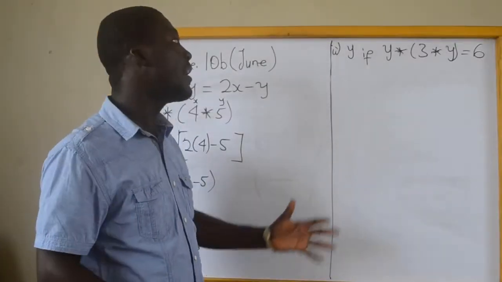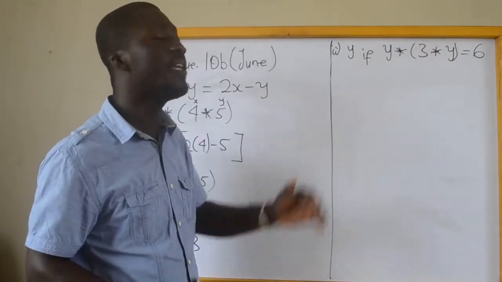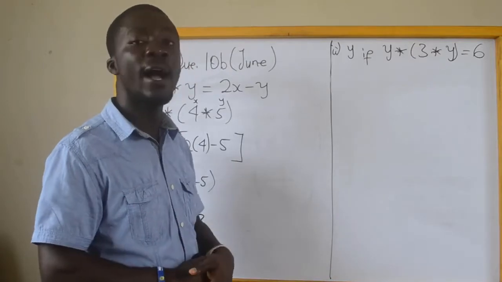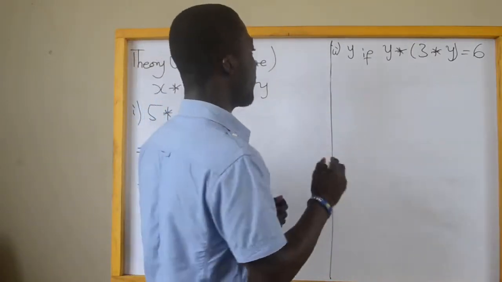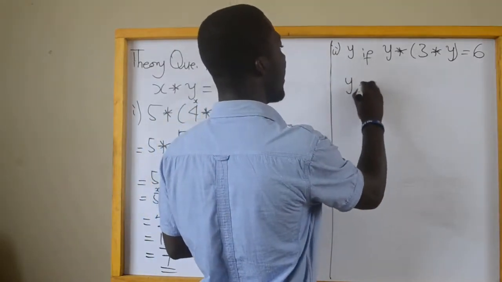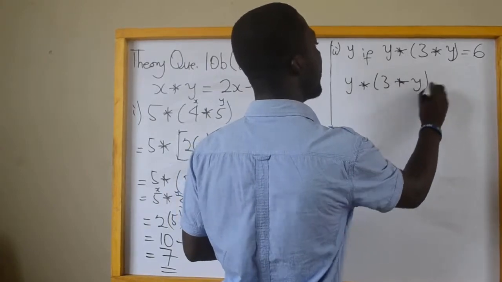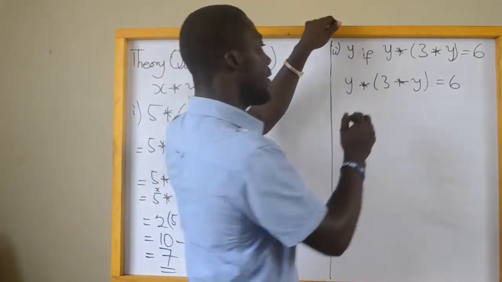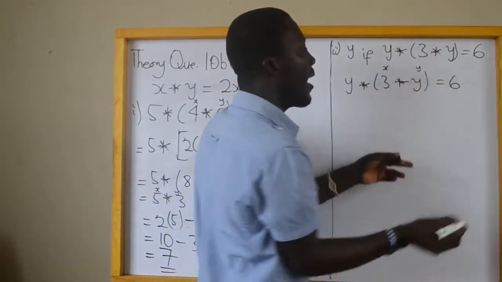The second part of the question says we should find the value of y if y star, in bracket, 3 star y equals 6. So we have y star 3 star y equals 6. For our first operation, this will be the value for the x, and y is still y.